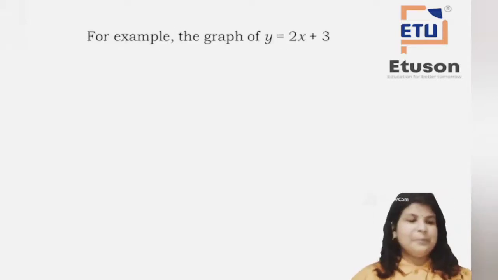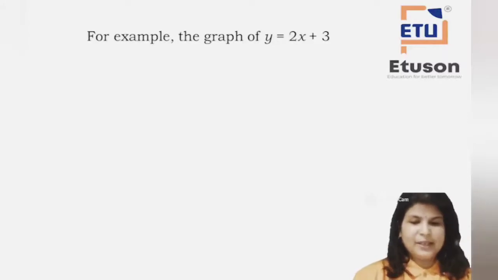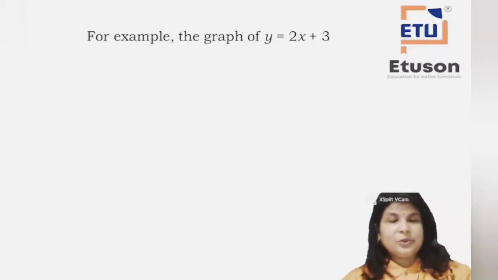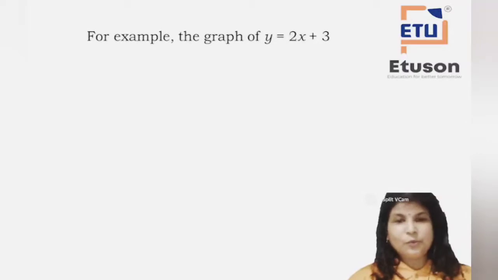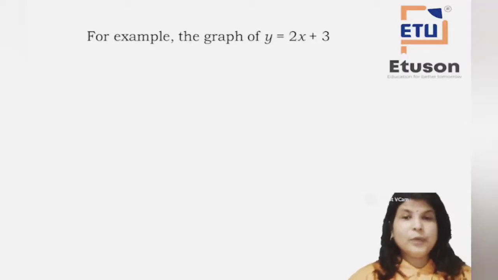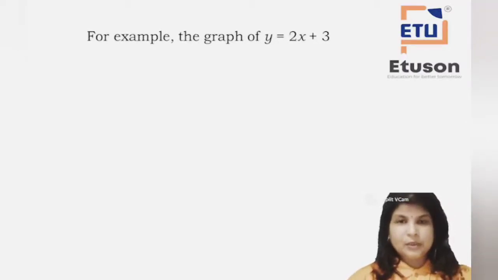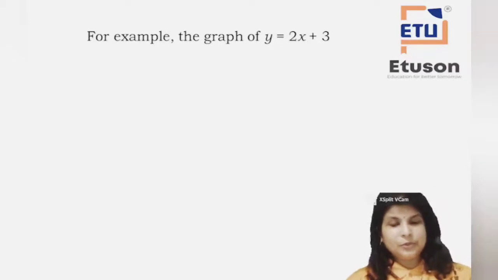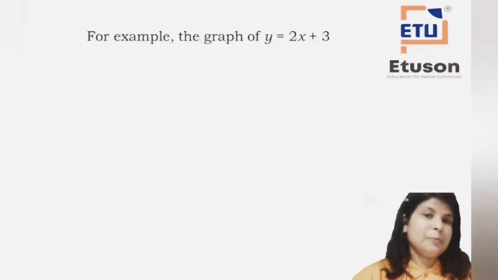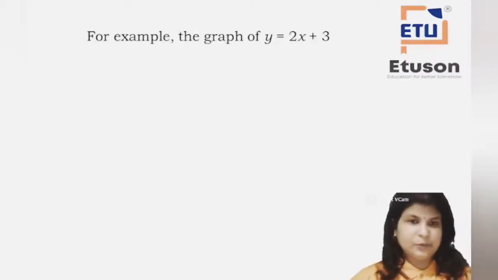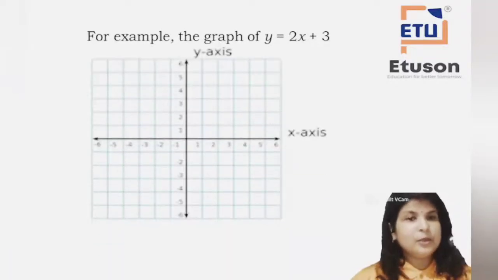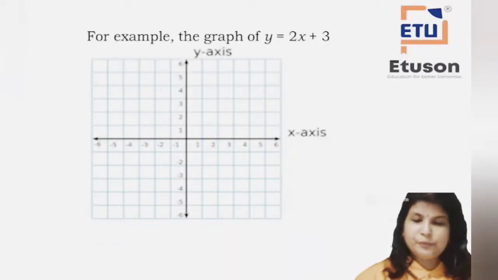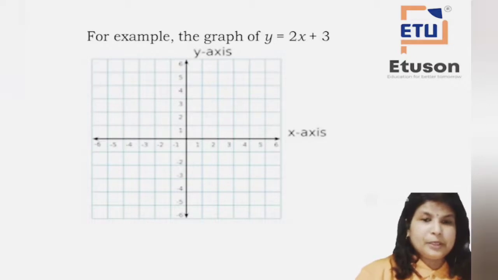So for example, it's a linear equation. You have a graph that is y is equal to 2x plus 3. So what we are going to do is plot this graph. For that we need one graph paper. So I have taken one graph paper image here.